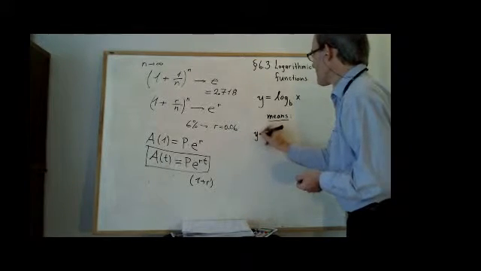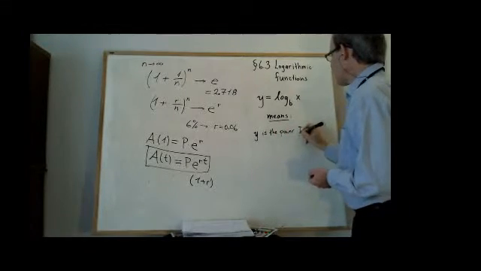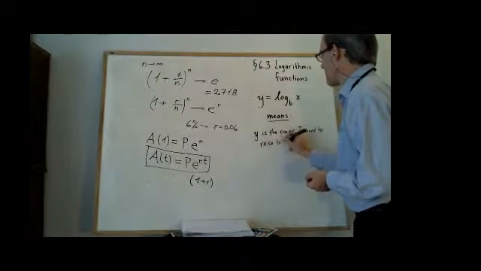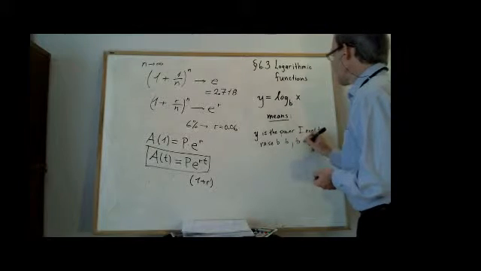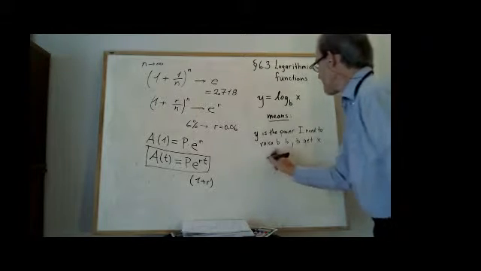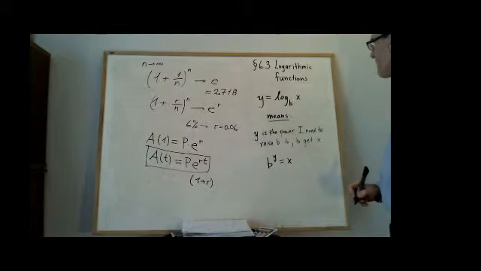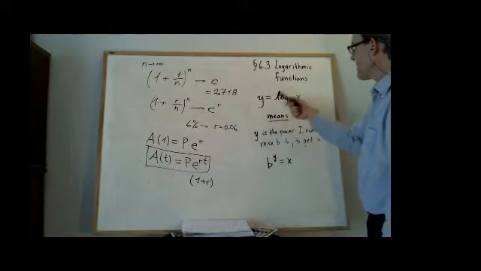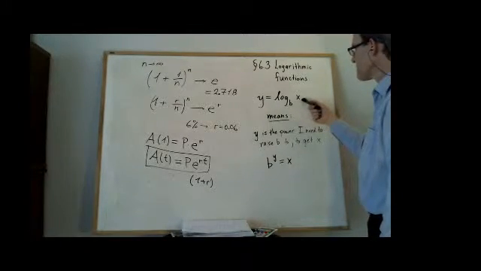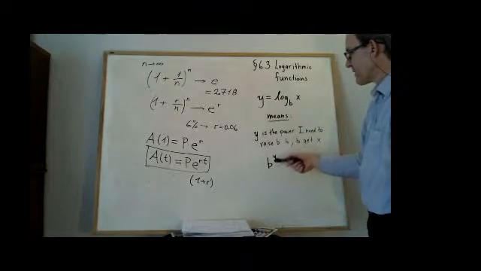So y is the power I need to raise b to, to get x. Okay, and writing that out, it means b to the power y is equal to x. Okay, so this is the definition of the function. Given an x, that's actually going to be the final value of an exponential operation here.